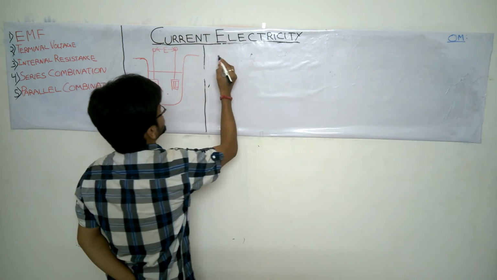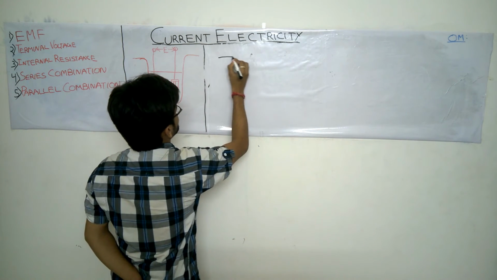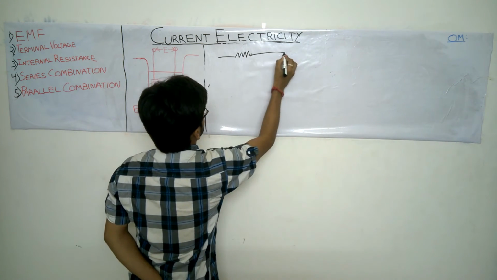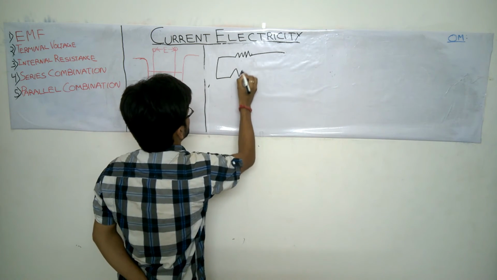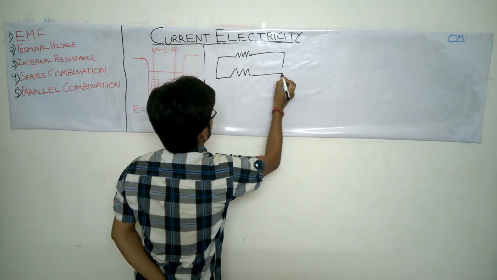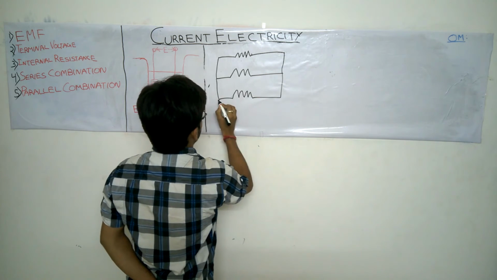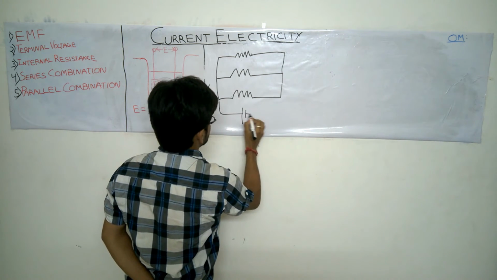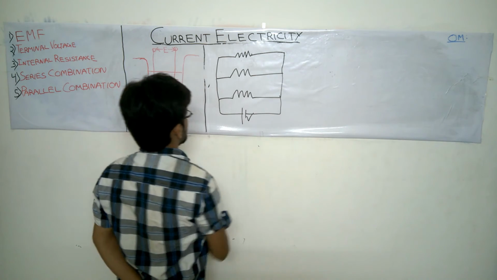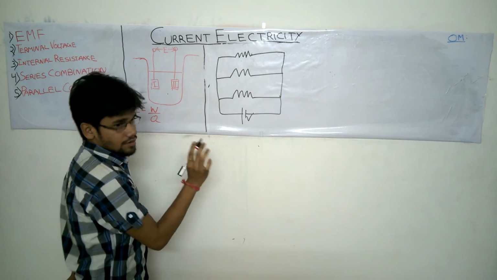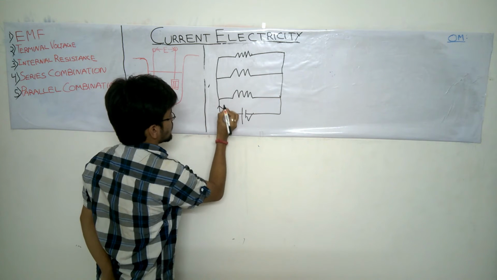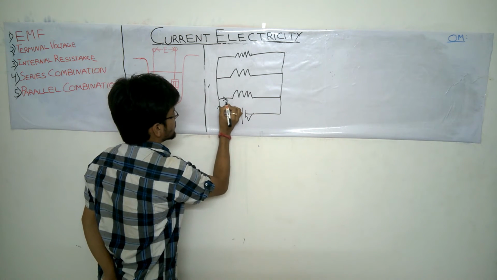I'll draw a circuit to make it easier for you. Suppose we have a resistance here, we have a resistance here, and we have another resistance here. We have a battery source here. Okay. Here, see carefully. We have a different current.